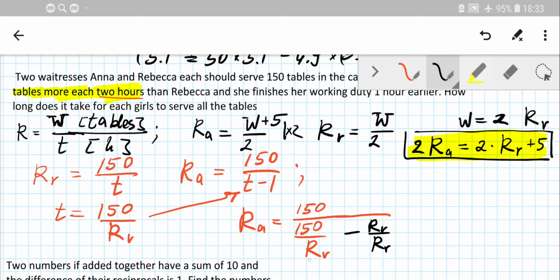Why do I need that? Because I have Rebecca rate in the bottom of both denominators. So 150 divided by, let's simplify that, 150 minus Rebecca rate, over the common denominator Rebecca rate.